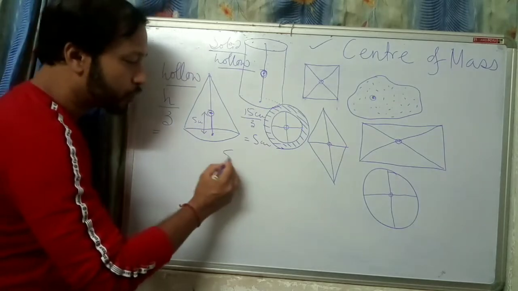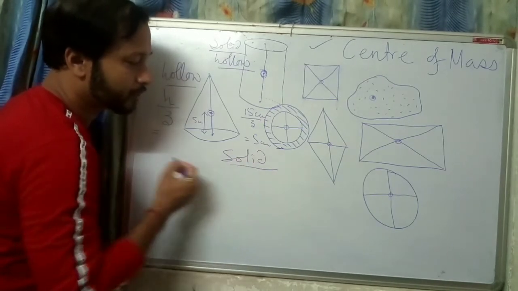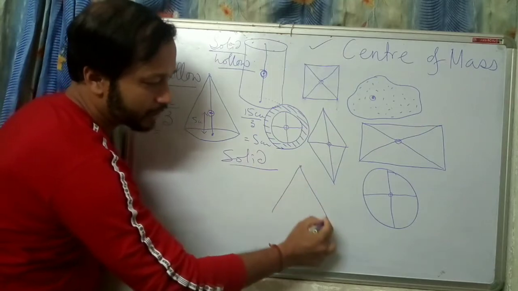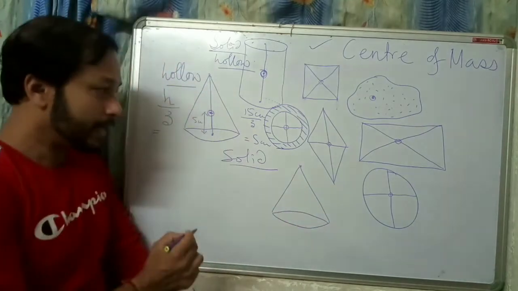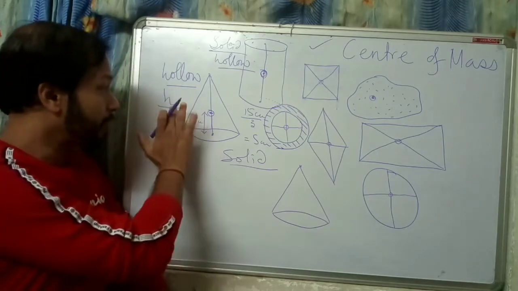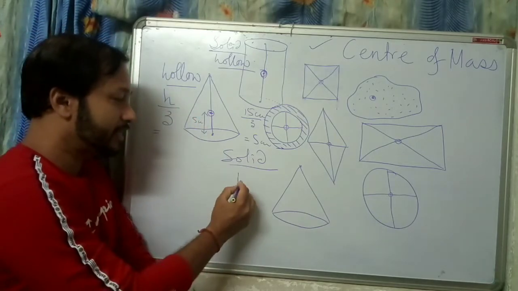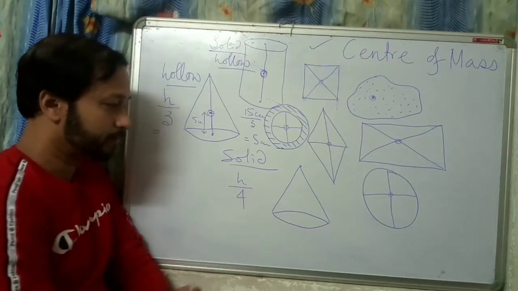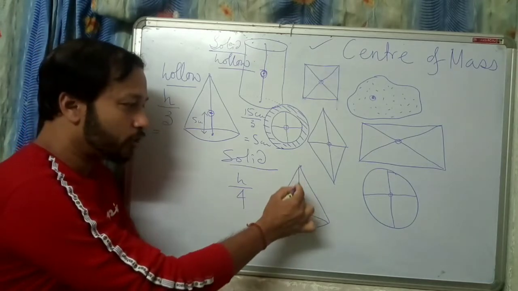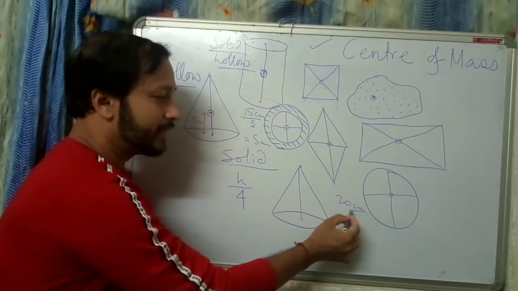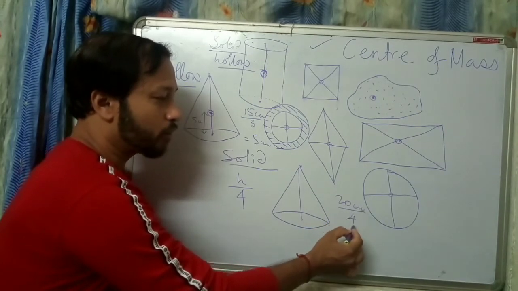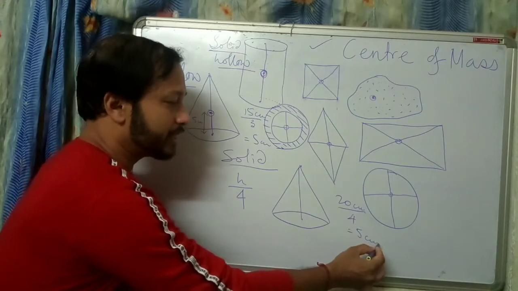Now for a solid cone, the formula is different. It's h by 4. If the height of this cone is 20 centimeter, that will be divided by 4, that is 5 centimeter.